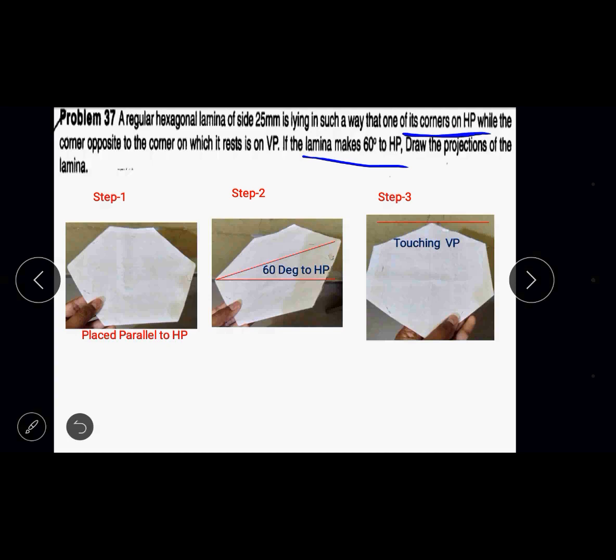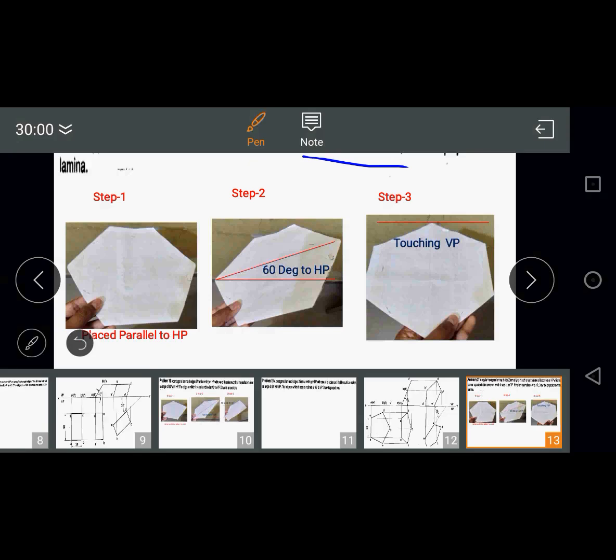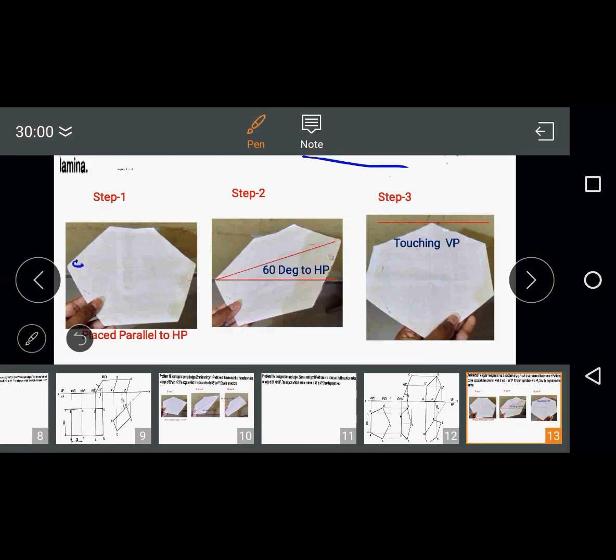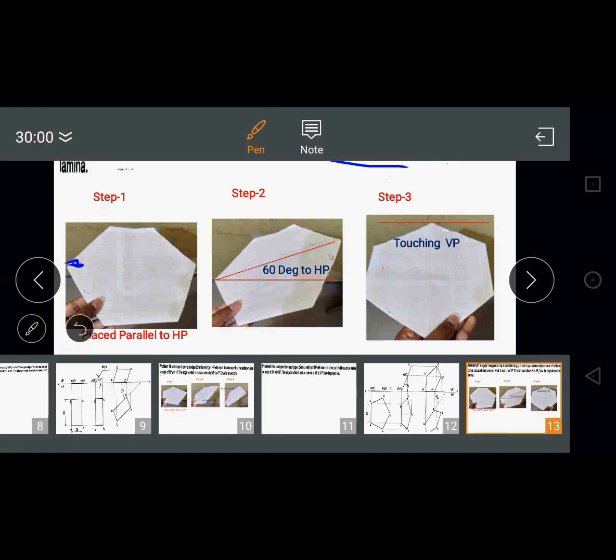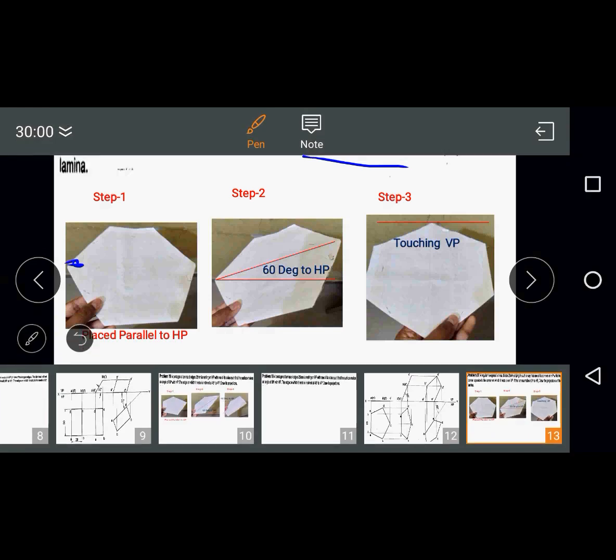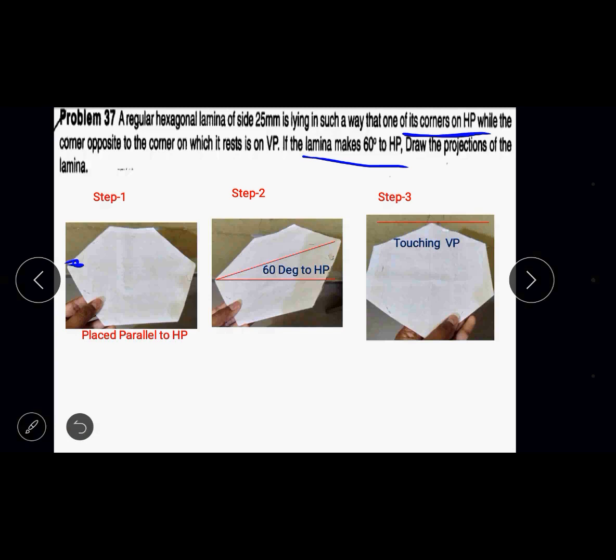In the step 1 figure, you can see the left corner of the hexagon. I have placed the hexagon on HP with the corner position, taking the left corner of the hexagon as a reference. In the second one, the hexagonal lamina is placed parallel to the horizontal, parallel to the ground surface.